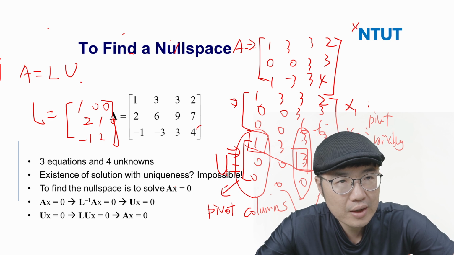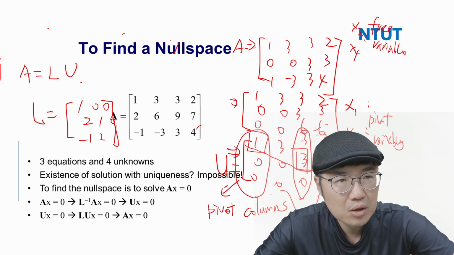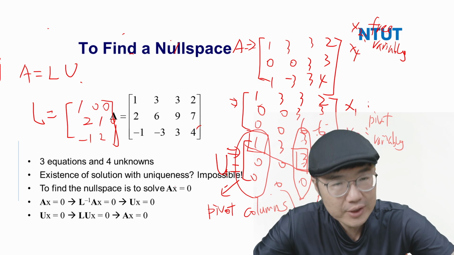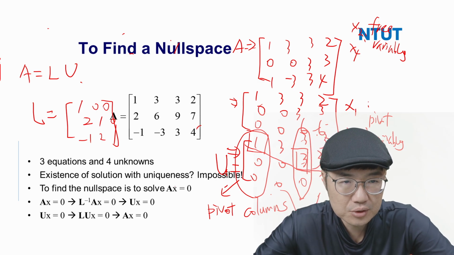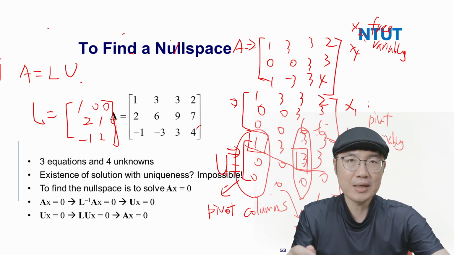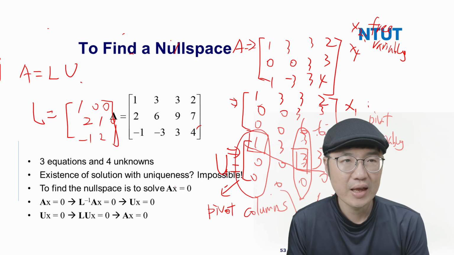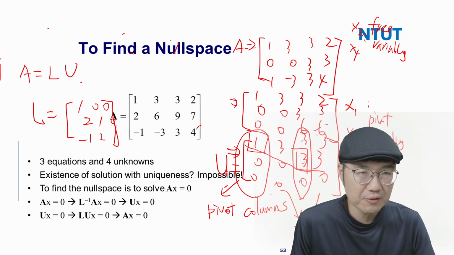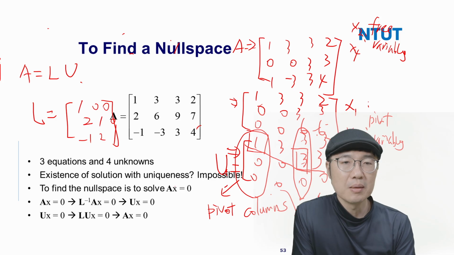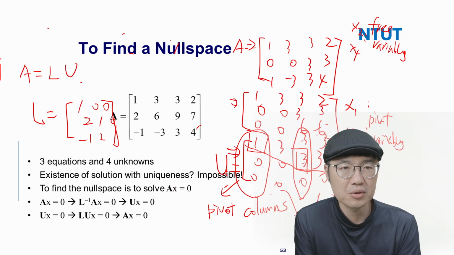On the other hand, x2 and x4 are known as free variables, which are associated with free columns. So far, we still apply the standard Gaussian elimination and identify some more information from it: pivot columns, pivot variables, free columns, and free variables.